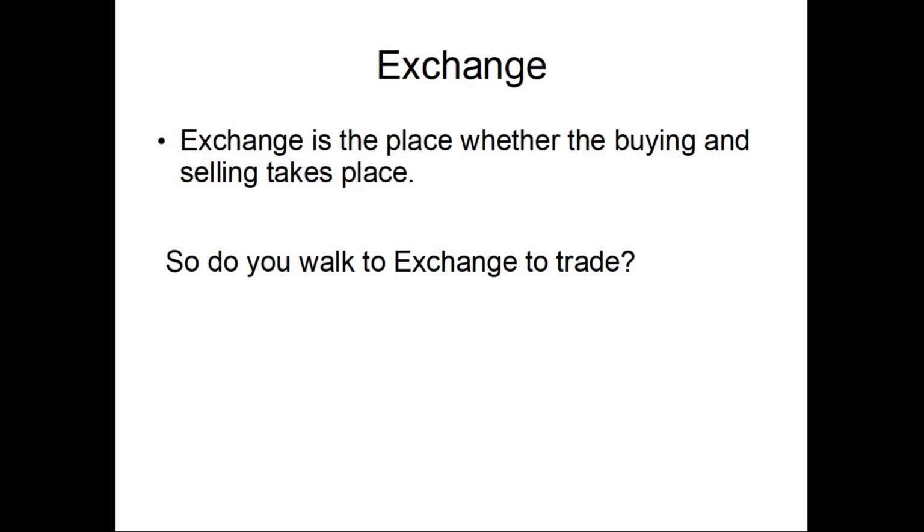Now these are the central bodies. In India we have NSE, BSE, but then there are other state level stock exchanges also, which are not very popular. So simply put, what is an exchange? An exchange is a place where buying and selling takes place.